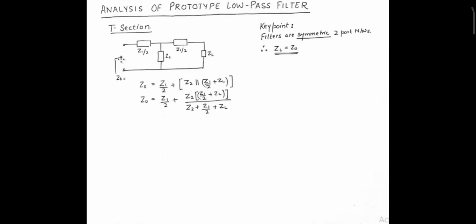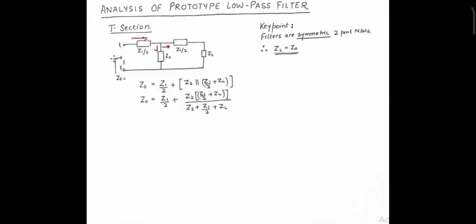So as you can see, looking from this vantage point, let us say this is port 1 dash. If we look from port 1 and 1 dash, we'll see that Z1 by 2 is in series with this arm, parallel this arm. So that is what I've written here.